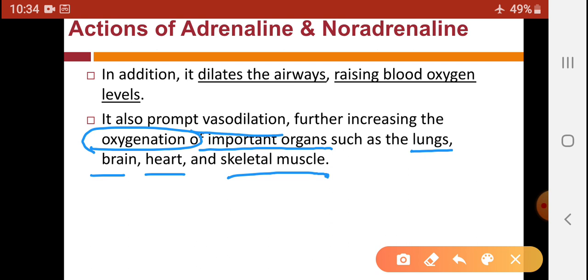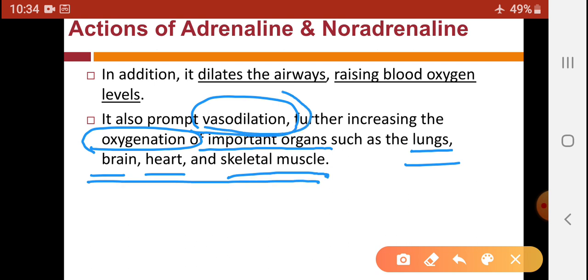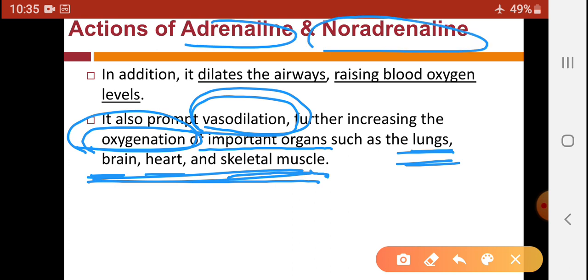So when there is vasodilatation, that means increased blood flow to these important organs of the body, and increased blood flow means increased oxygen to these organs.